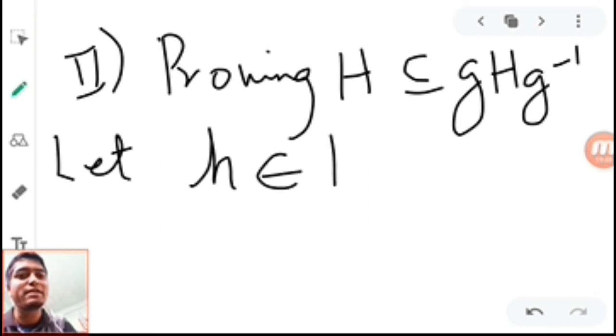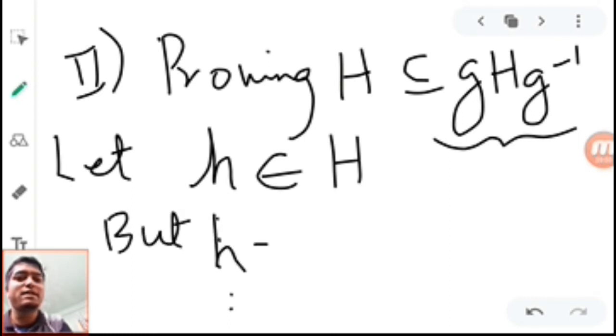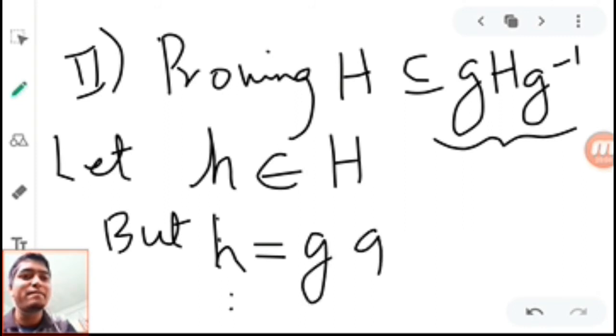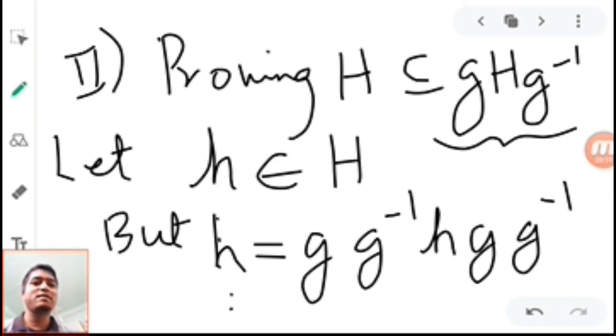So we'll start with h belongs to H. We will have to get that this h, after a few lines, also belongs to GHG inverse. But h can be written as G, G inverse, h, G, G inverse. How do you know that we can write it like this?